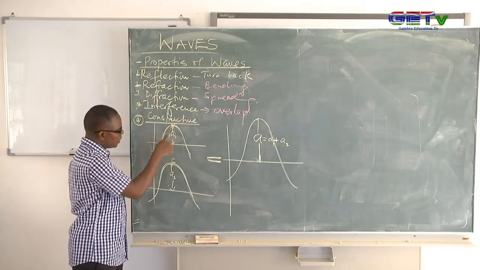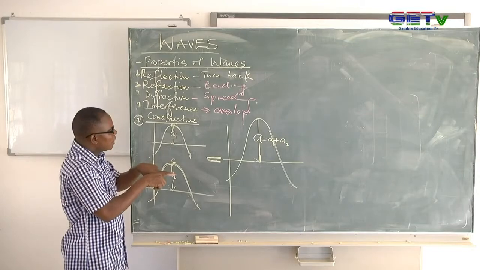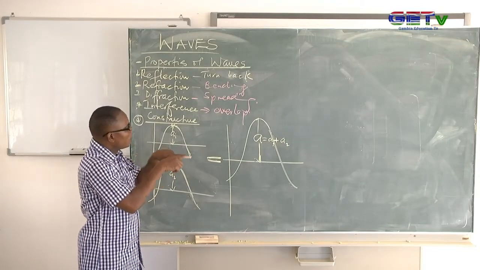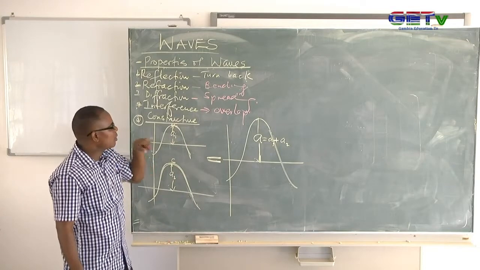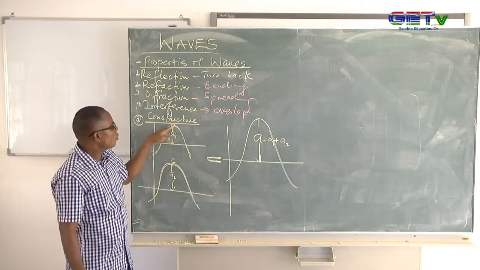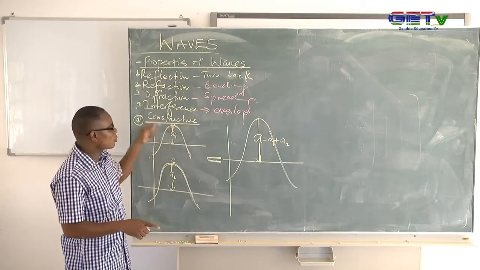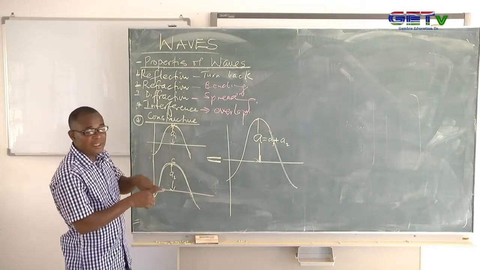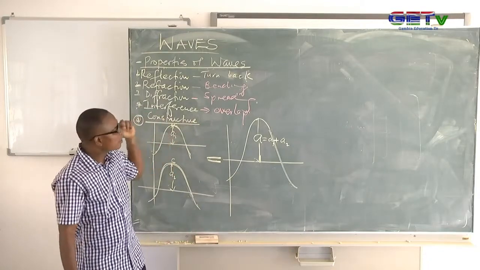When the two crests come together and overlap, they give a resultant wave with a higher amplitude. Remember that crest and crest overlap. So when crests come on top of crests of two identical waves, the resultant interference is called constructive interference. So let's see the other one.